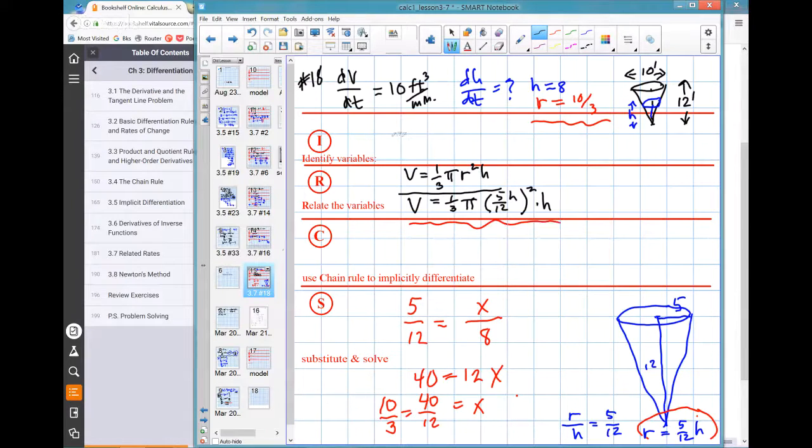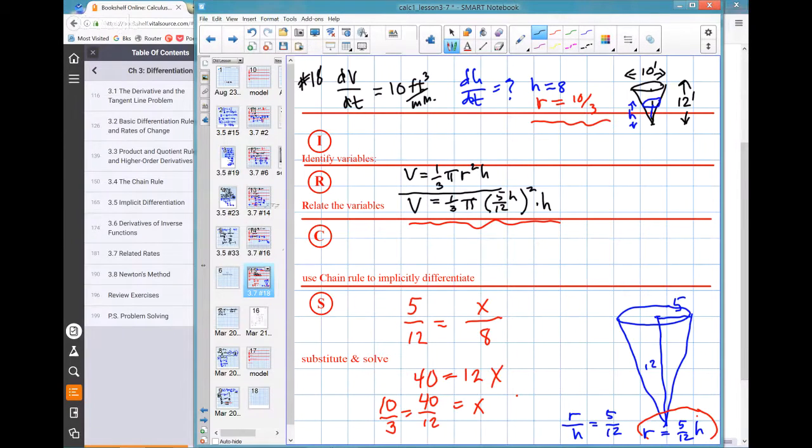All I did was rewrite the volume formula, putting in 5/12h where there was an r. Now, because I'm supposed to find dh dt, and I know what h is, I don't have anything missing. So finally, we can go to the C step, which I'm doing on the next page. Now we can take the implicit derivative with respect to time.